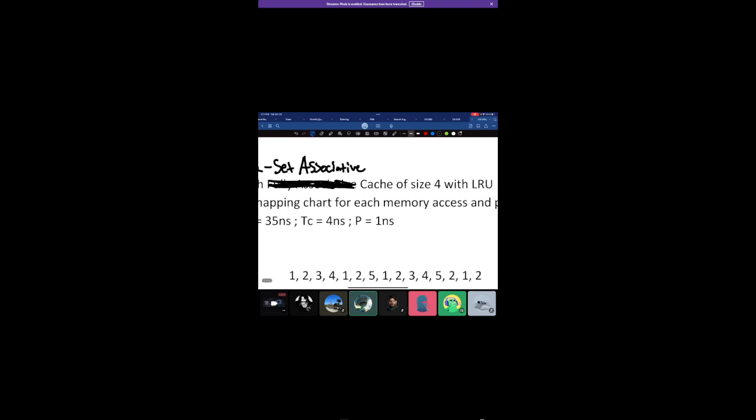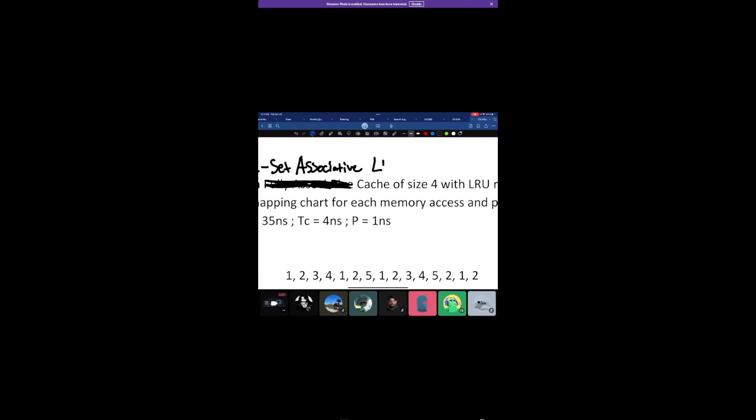This one is two-way set associative with, let's go, LRU. He said we have to know OPT as well, right? Yeah, I believe so. Okay, so we'll do another one of that later on as well.